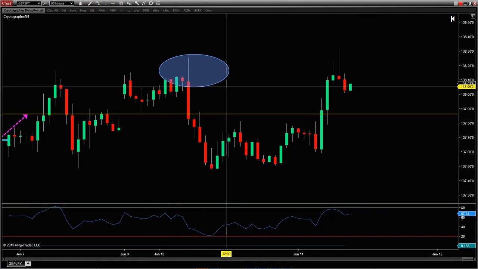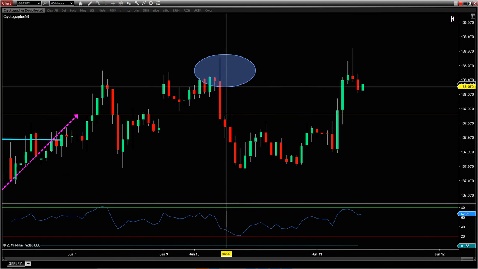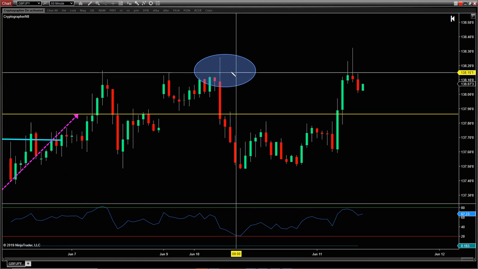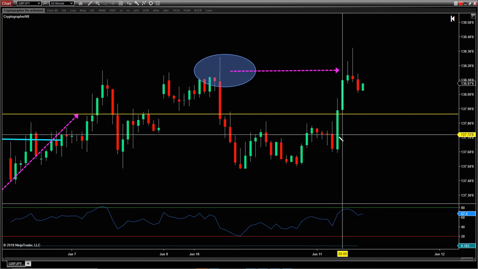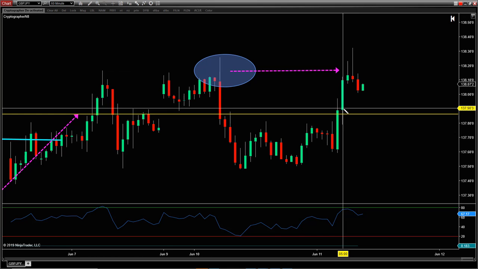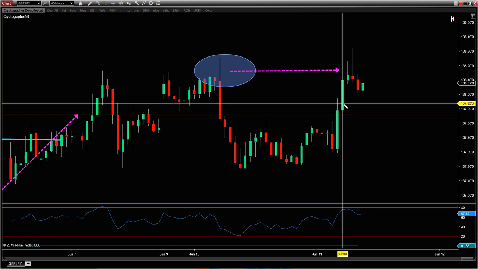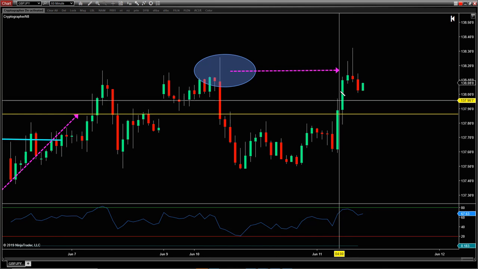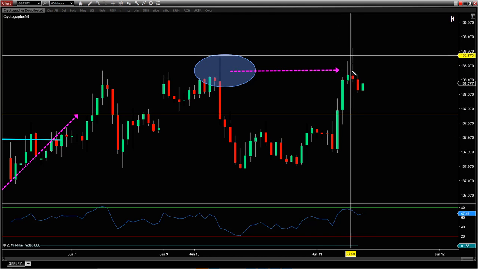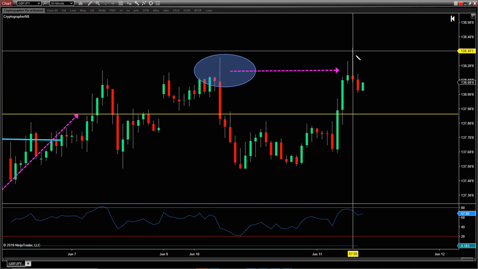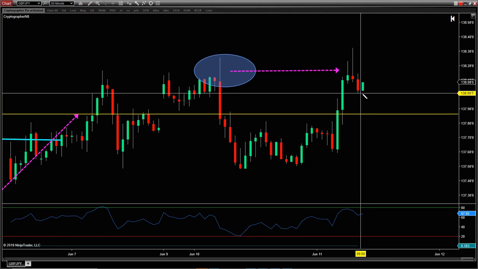Nice rejection looking left. We then come back up. If we look right, came back up to that level. Two beautiful candles, right? High momentum, bullish candle, high wick candle to the upside, nice pin bar, maybe not technically, but we look at this the same way, and then a lower low, lower close.